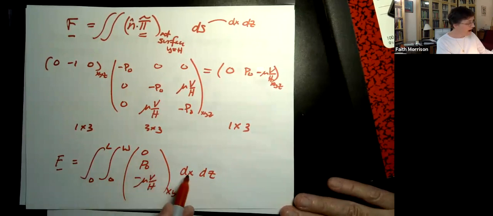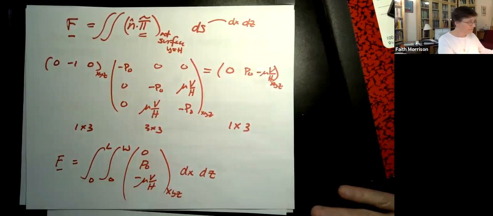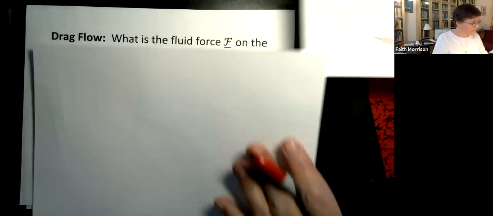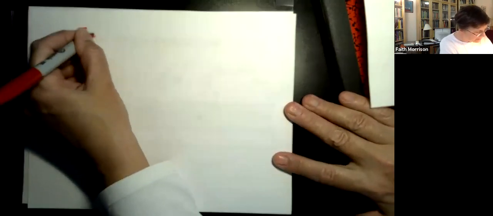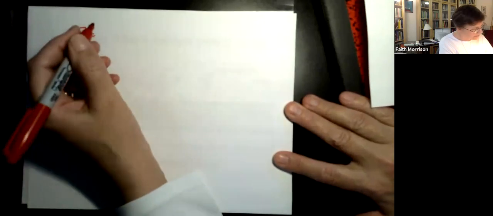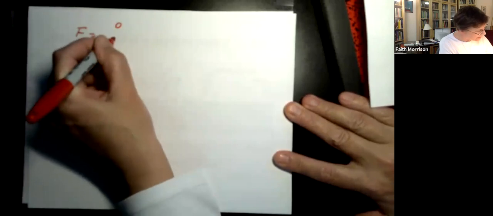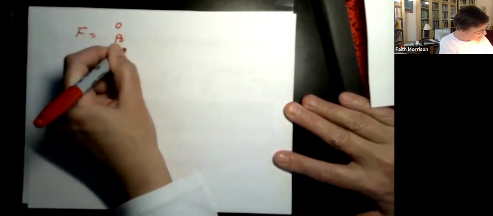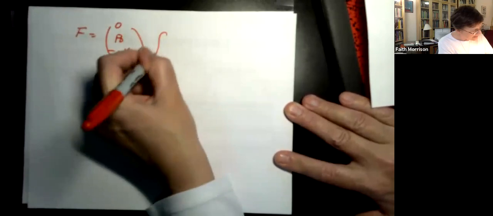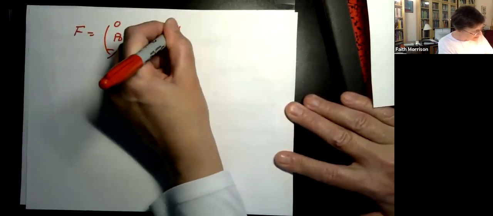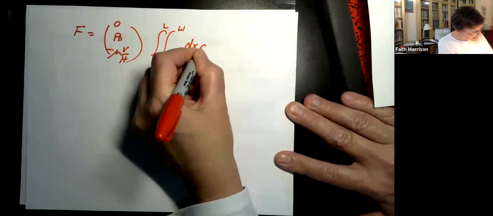It's the integral of p naught dx dz, which is p naught L W. And it's the integral of this constant dx dz, which is this constant times L and W. So F equals, I can just move the constant vector out, 0, p naught, minus mu V over h, the integral from 0 to L, 0 to W of dx dz.